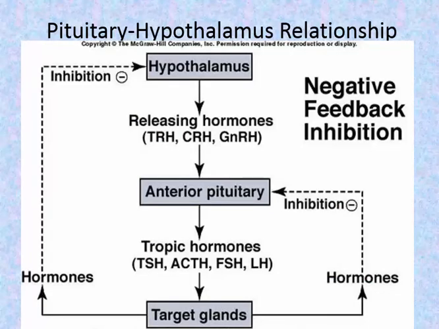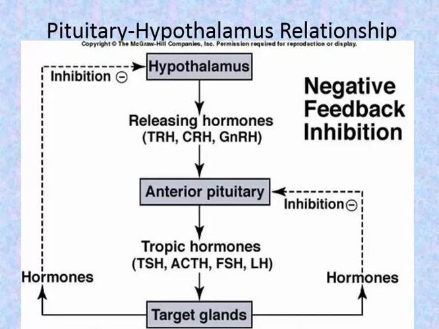Now, the pituitary and hypothalamus work together, and we've got this negative inhibition feedback loop. It was kind of like when we talked about how your temperature was regulated. Those of y'all that had me last term, I also talked about the liver and the pancreas, how the insulin and glucagon are regulated.